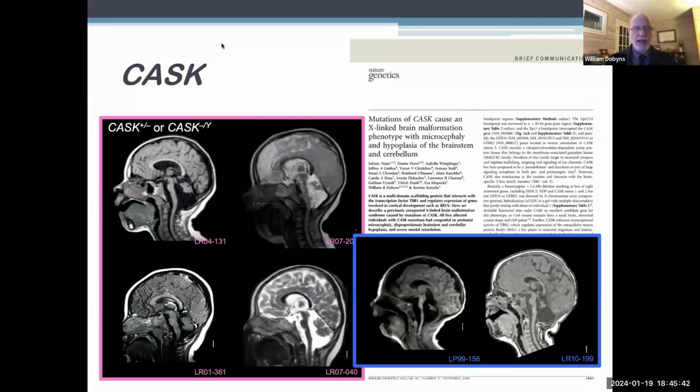All right, here's one example, and you were shown examples of one patient with CASC a moment ago, but here are 4 females in pink with diffuse cerebellar hypoplasia, and only rarely does this look like a butterfly to me. Most of them do not. On the lower right, I actually have 2 males with CASC mutations, and they're very, very severe. And most of them, as you were told, do not survive.